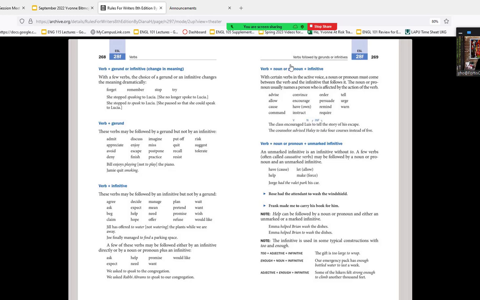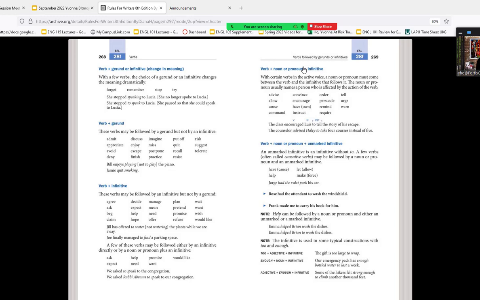Verb plus noun plus infinitive. With certain verbs in the active voice, a noun or pronoun must come between the verb and the infinitive that follows it. The noun or pronoun usually names a person who is affected by the action of the verb. Advise, allow, cause, command, convince, encourage, instruct, order, persuade, remind, require, tell, urge, warn.